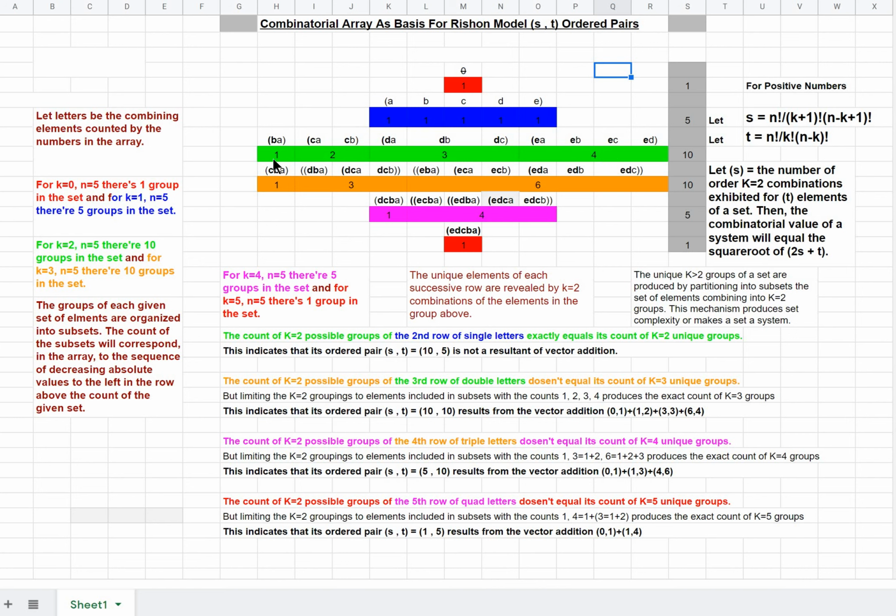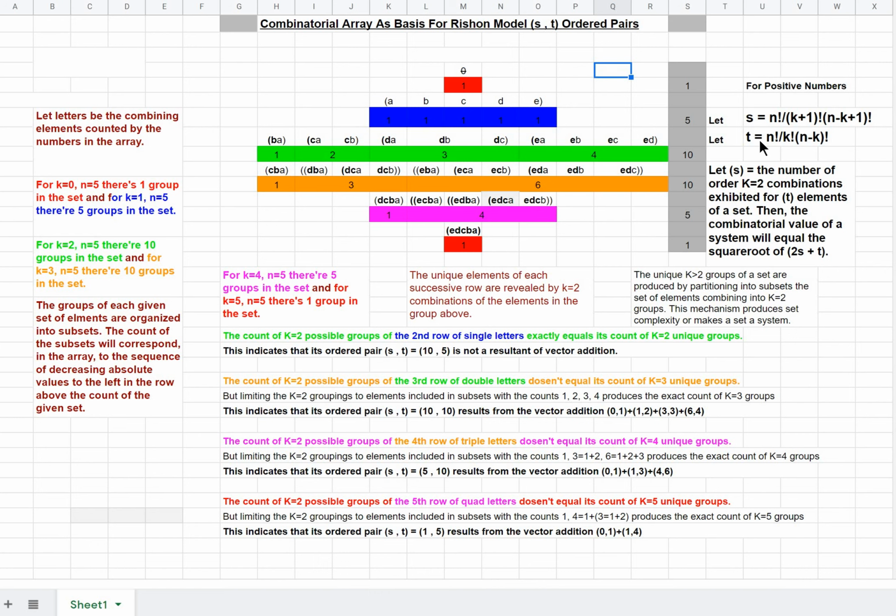And this set of combinations can then be looked at as a set of elements that produces this successive row of combinations and so on. Then the combinatorial value of such a system will equal the square root of 2s plus 1.